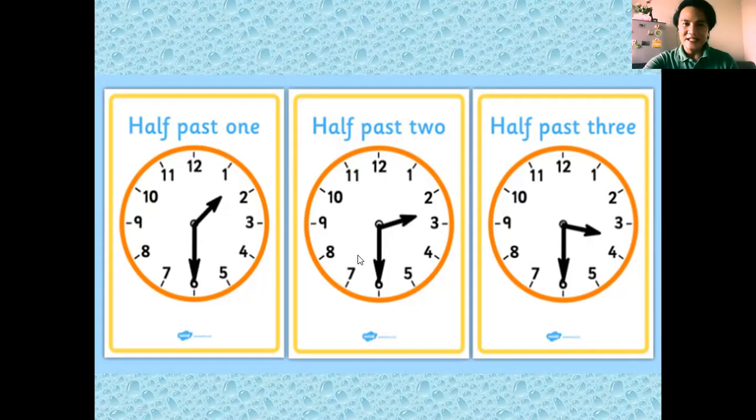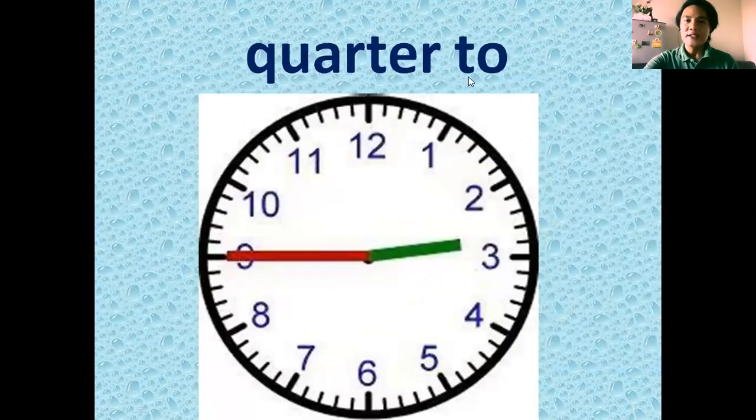The next word is quarter to. Quarter to is when the long hand is pointing to number 9.